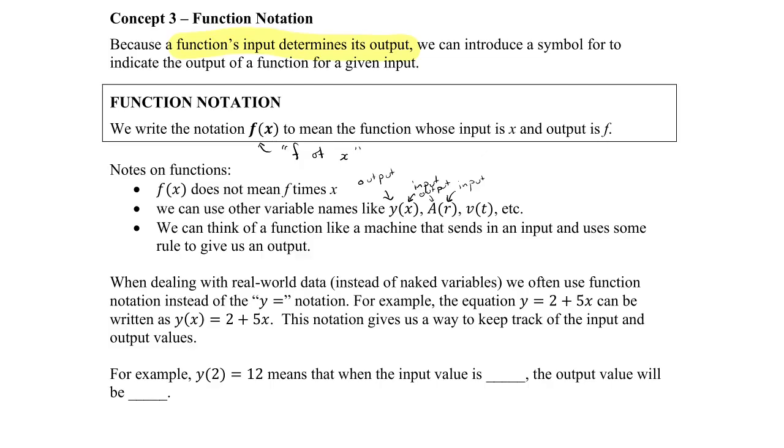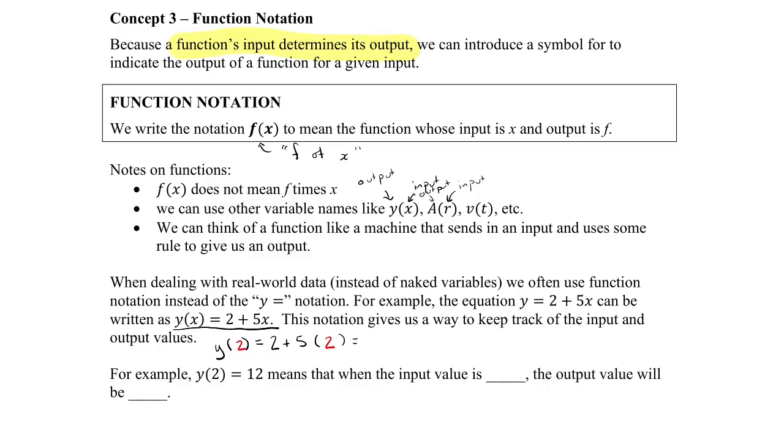So here we have y of x equals 2 plus 5x. That means y of 2. That means replace every x you see with a 2. So 2 plus 5x, and the input is a 2, so we'll replace the x by a 2.